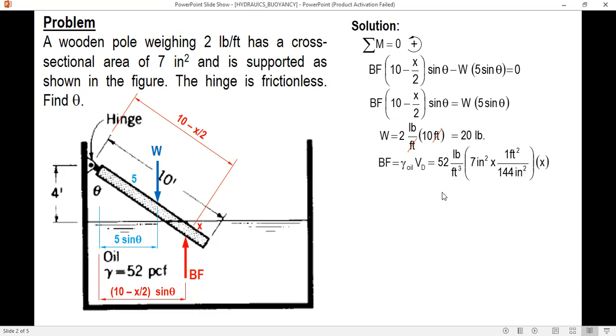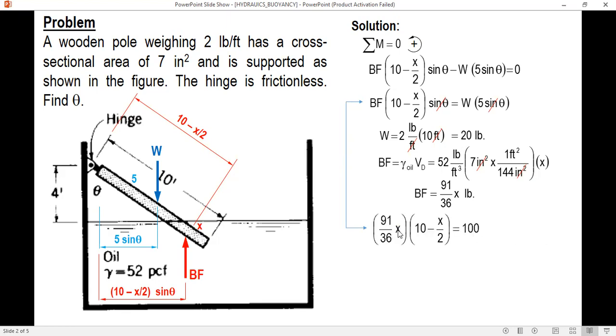And so the simplified value is this one: 91 over 36x pounds. So after this, we will cancel sine theta. And then for BF, we will substitute 91 over 36x. And for W, we will substitute 20 times 5, that's 100.